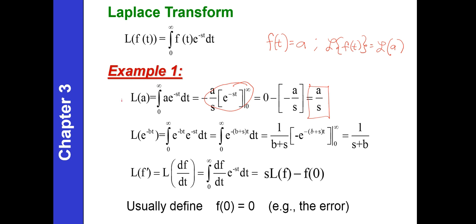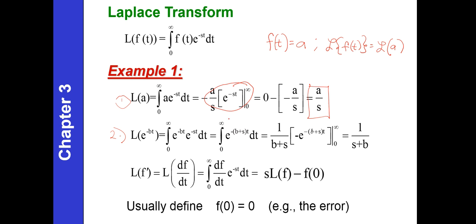So this is example number 1. For example number 2, the function is e to the bt. So you get the integral of e to the bt times e to the negative st. Combine them since they have the same base. So you have e to the negative s minus b times t dt.